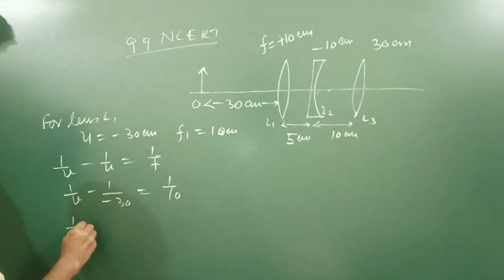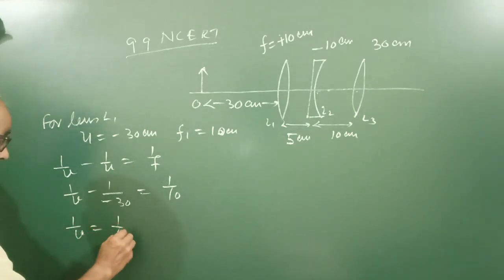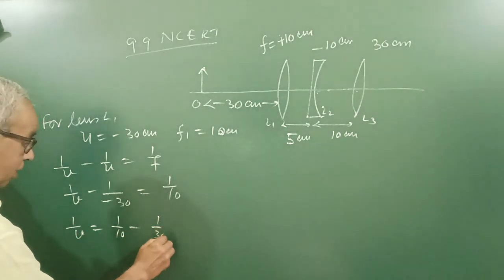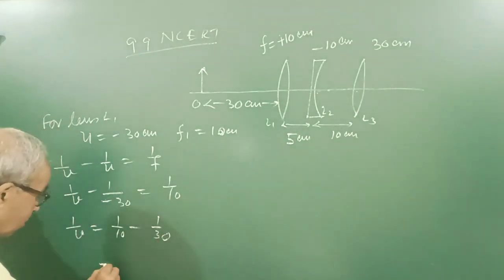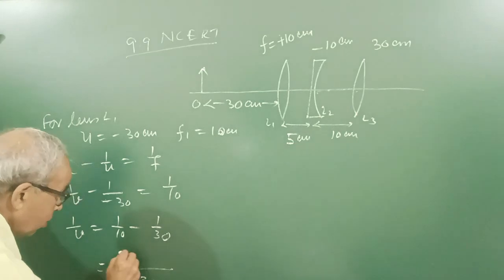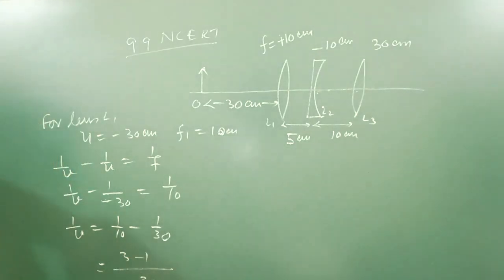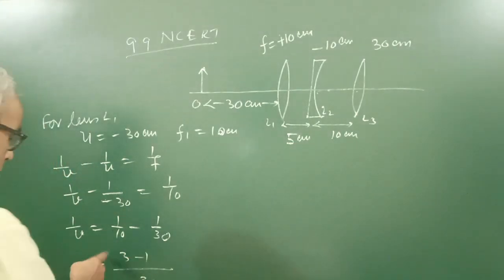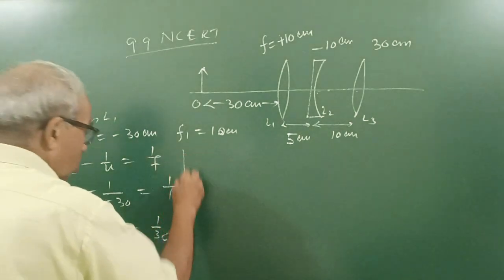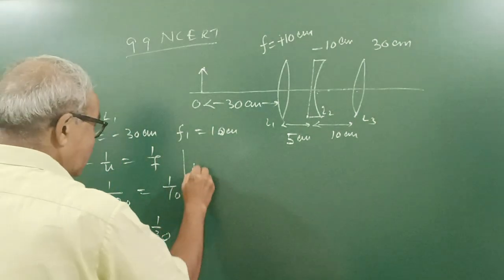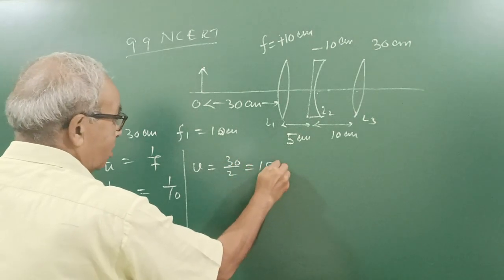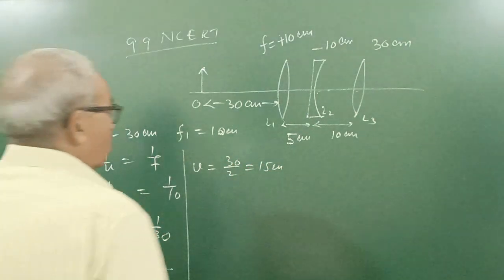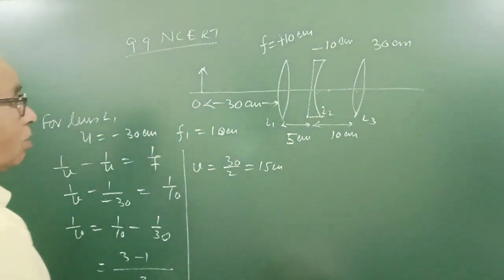So 1 upon v will come out 1 by 10 minus 1 by 30. LCM is 30 here, 3 minus 1. So v comes out to be 30 upon 2, 15 centimeter. Suppose this image is I1.